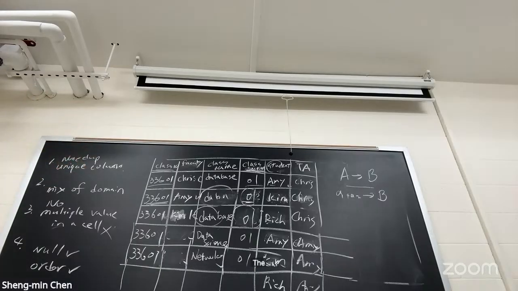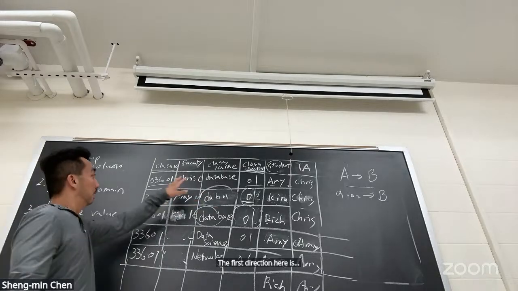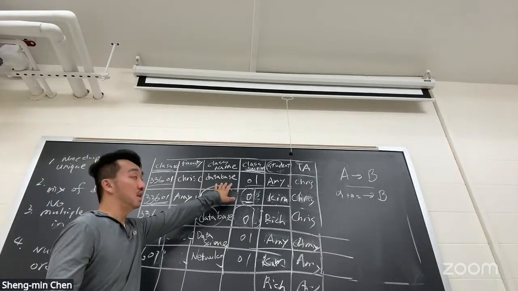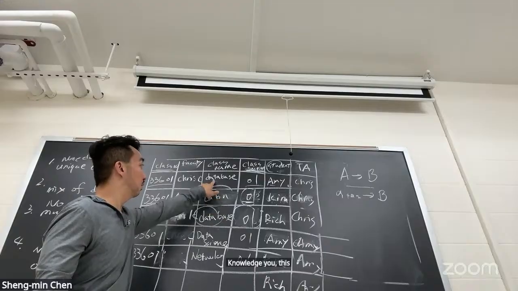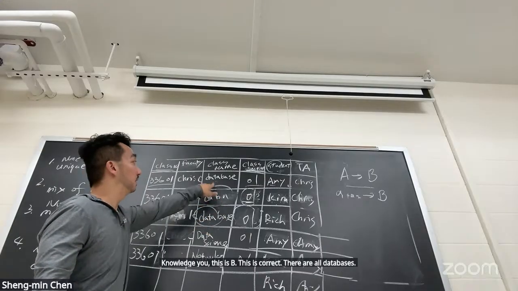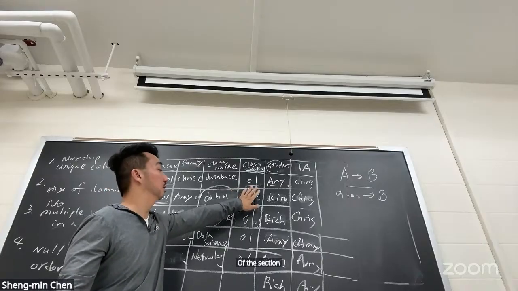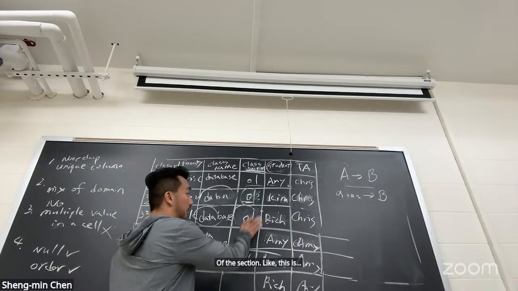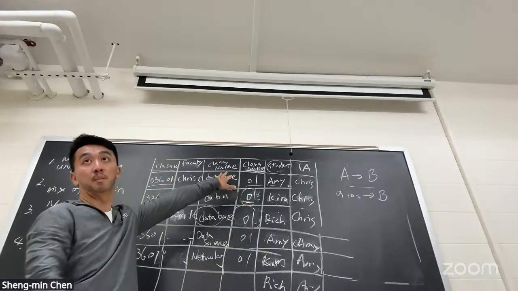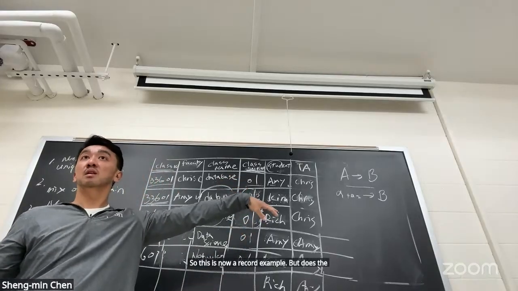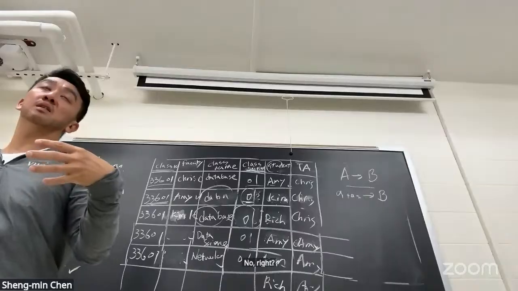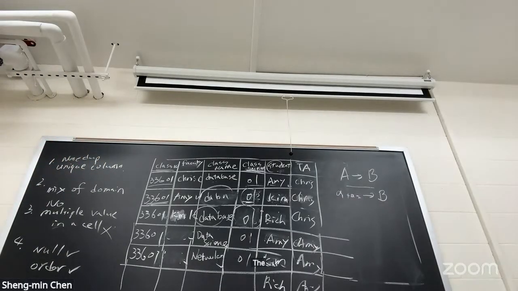The first direction here is the non-key attribute, this is B, this is correct, they're all databases. But does it care about the section? This is not a good example, but does it care about the sections? No, right? The name of the course follows the class ID, right? So there's already one violation.